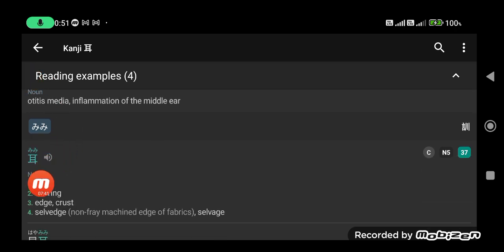And for the kunyomi, very easy. Mimi: ear, or hearing. Let's say, mimi o kashite kuremasen ka? Literally, would you mind lending me your ear, which translates further to, if you could please listen to me. For example, minasan, chotto dake mimi o kashite kuremasen ka?